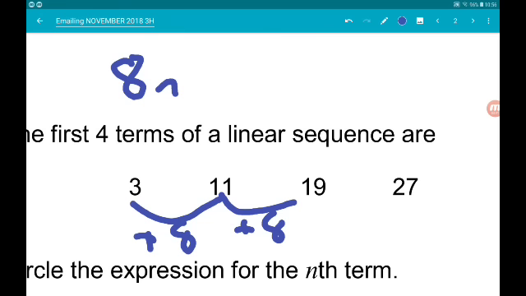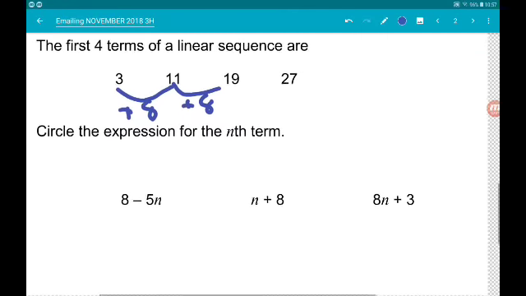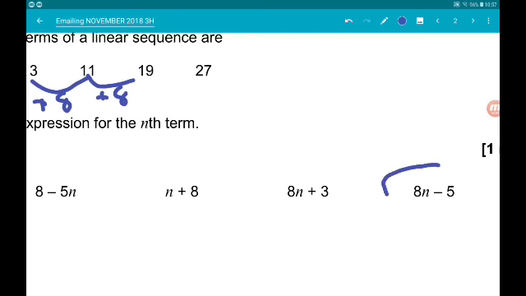To get down to 3, we need to subtract 5. So it's 8n minus 5. You can check with the second term. 8 times 2 is 16, minus 5 is 11. So there's our answer.